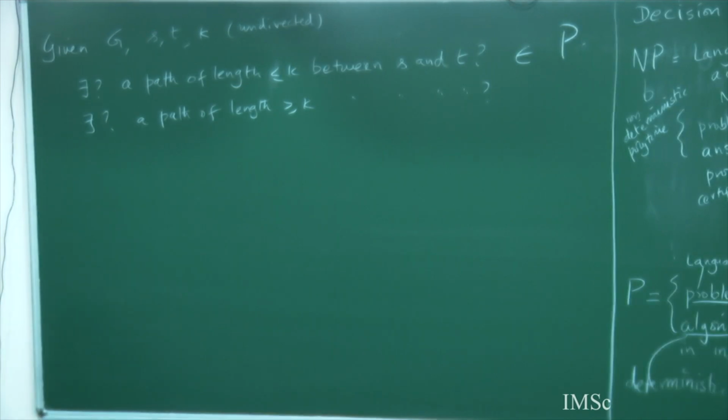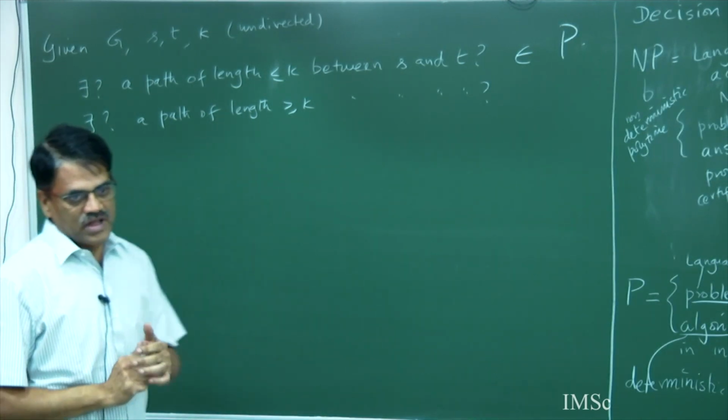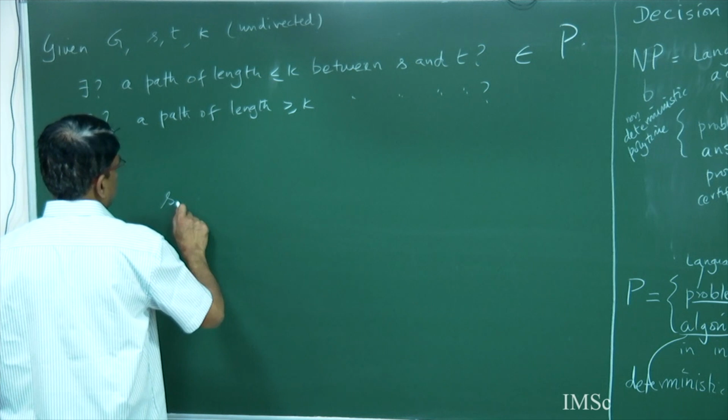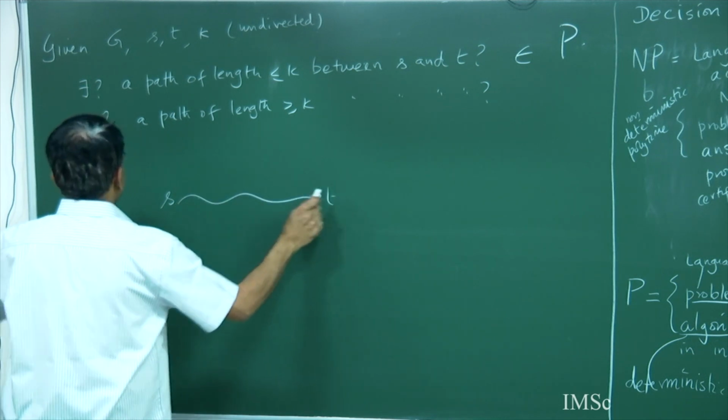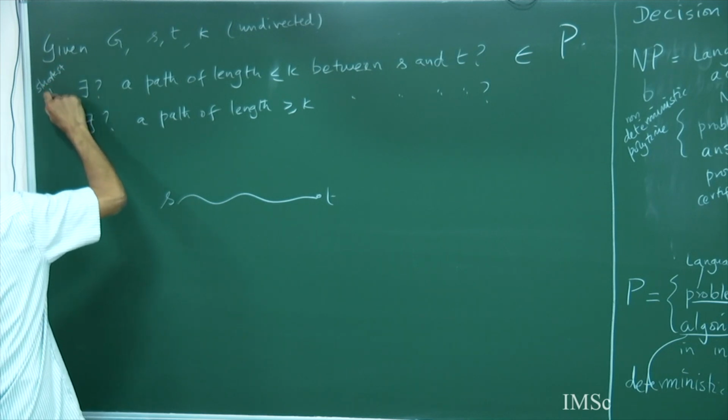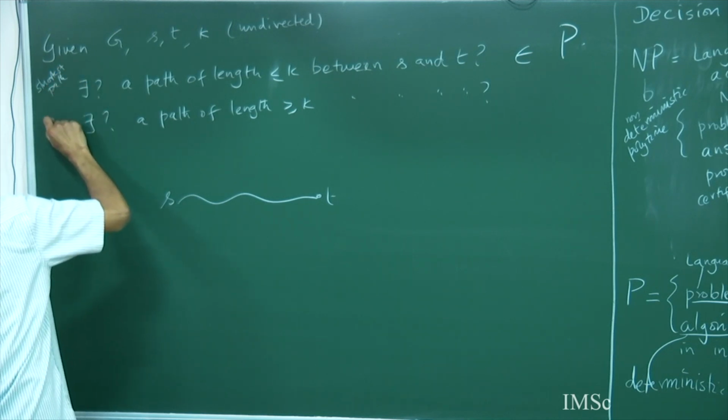Well, we didn't discuss this problem. There is no efficient algorithm. In fact, you can't apply dynamic programming. There is no optimal substructure. This is something you can verify, right? This is like the shortest path we were talking about, and this is the longest path.